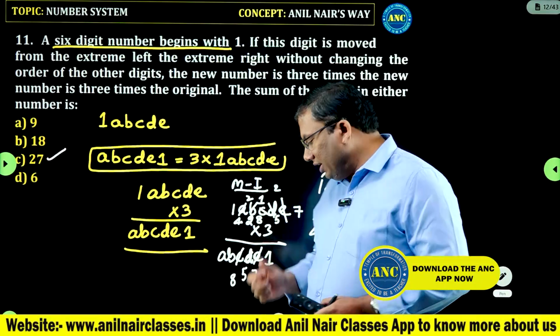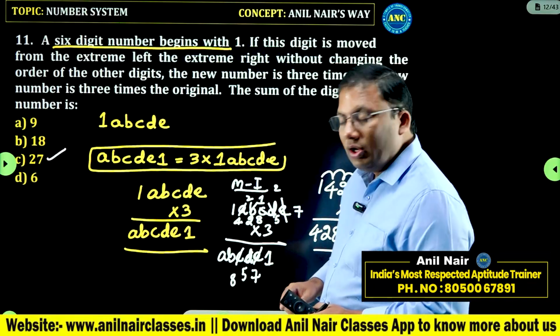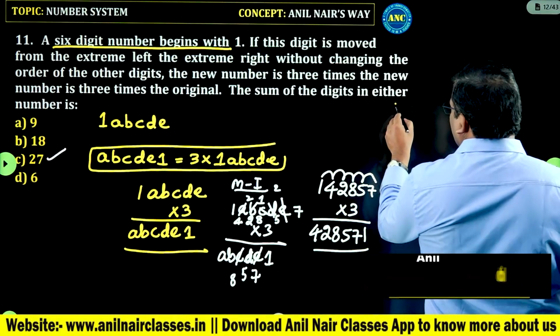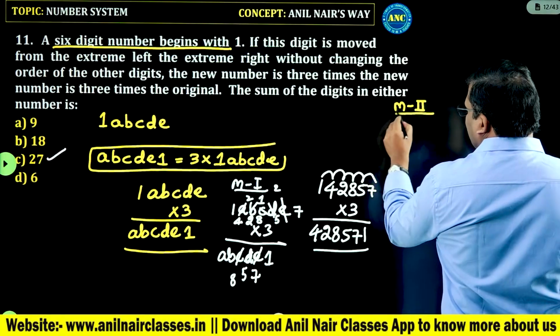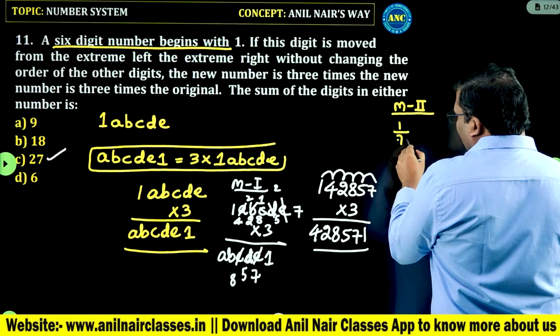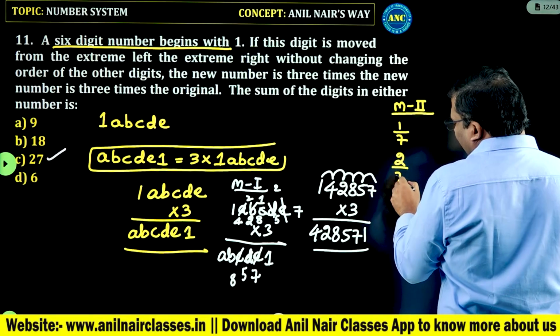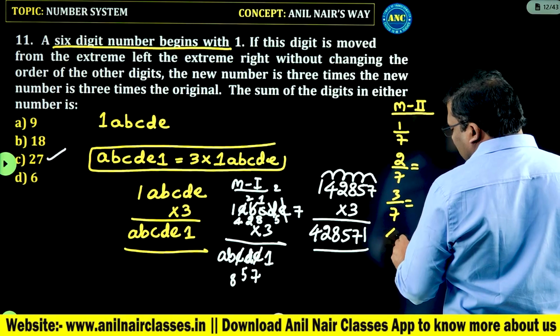In case you find it very difficult, you can do it like this. Method 2. In case you are comfortable with percentage-related problems, there is a beautiful concept with respect to 1 by 7, 2 by 7, 3 by 7, 4 by 7, 5 by 7 and 6 by 7.